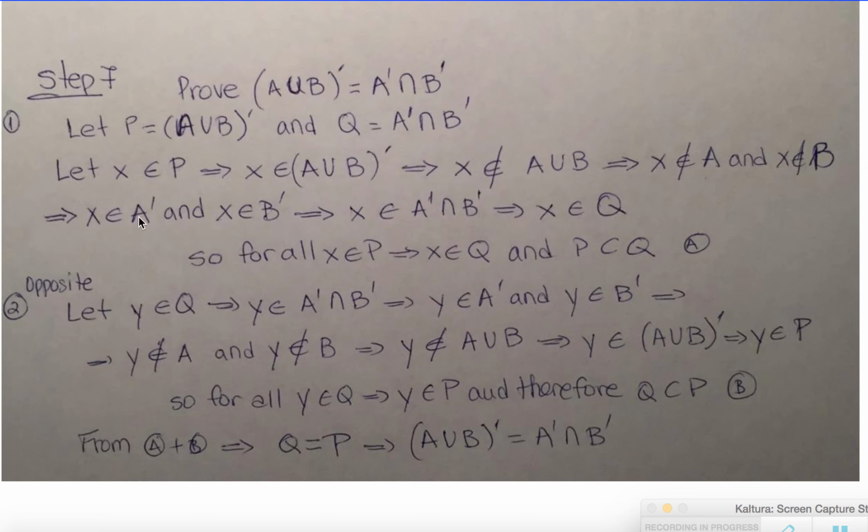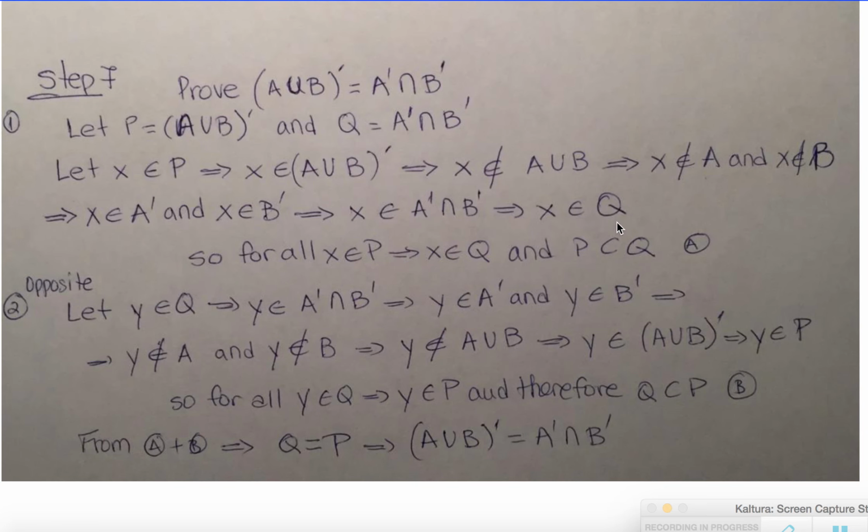So since X belongs to A complement and X belongs to B complement, then the logical reasoning is that X belongs to the A complement intersection B complement. Makes sense because X belongs to both of these. So what is this then? Let's look it up here. This is Q. So this means that X belongs to Q.